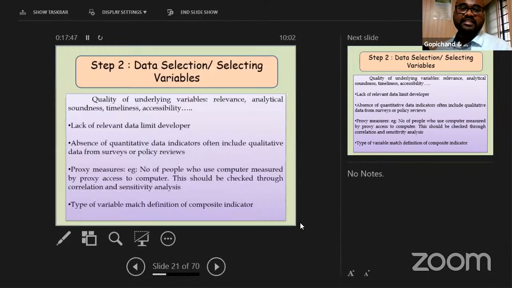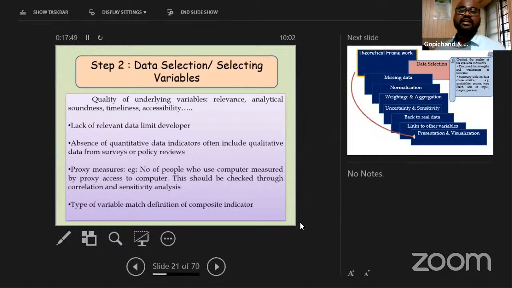Next, data selection. In the data selection, the relevancy of the data, analytical soundness, whether it can be analyzed, timeliness and accessibility are most important. Lack of relevant data will limit the developer. We should take care of data availability beforehand, and options of qualitative indicators often include qualitative data from surveys and policy and review surveys, which we will take if the data is not available.